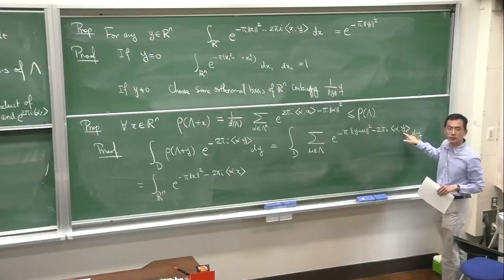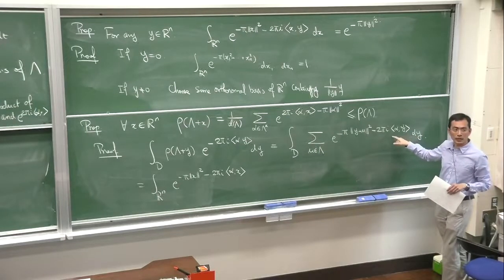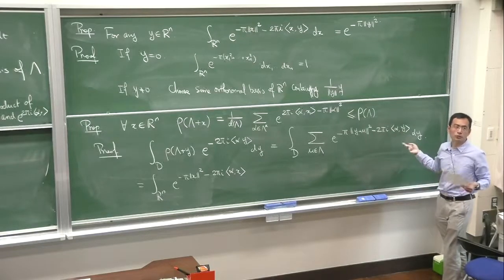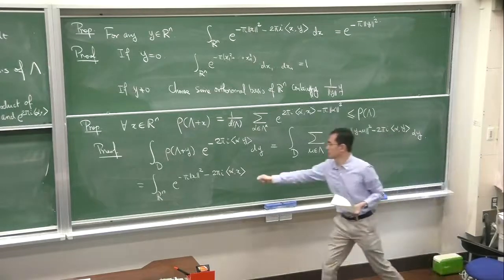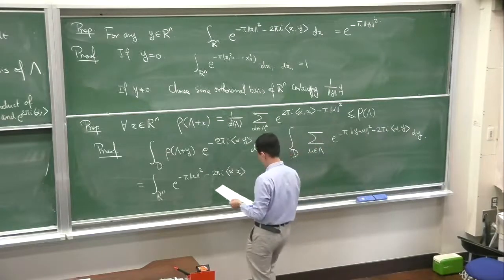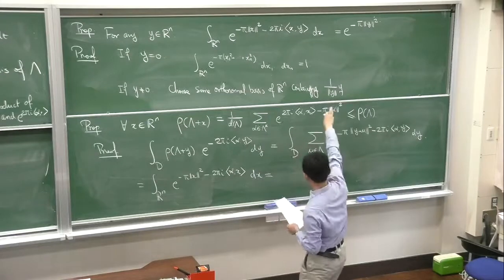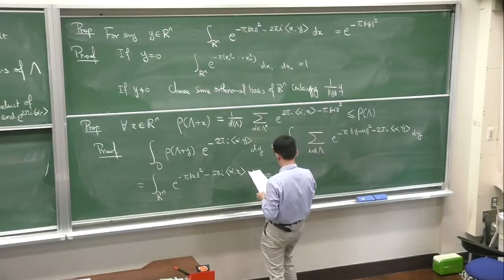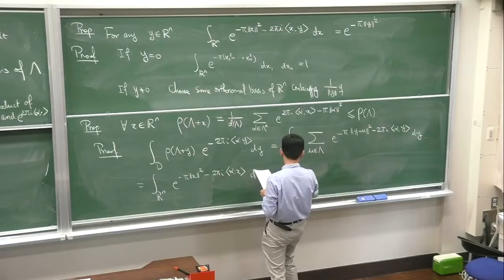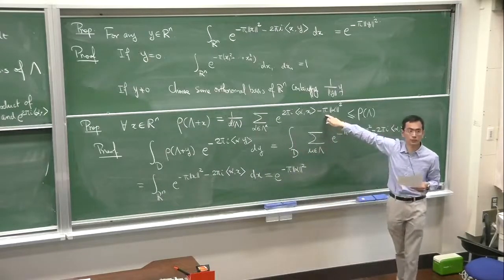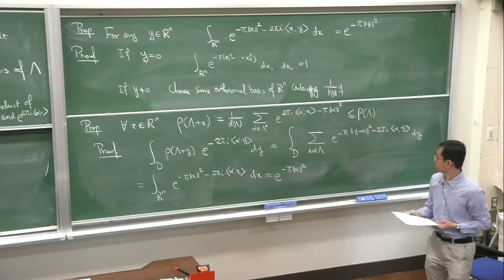But if I replace y by u, then the inner product of alpha and u will give you an integer. So the exponential of 2 pi i times an integer will give you 1. So there is no problem to make such a change of variable. And then by the formula above, you find that this is just exponential minus pi the norm of alpha squared. So that will produce this equation here.